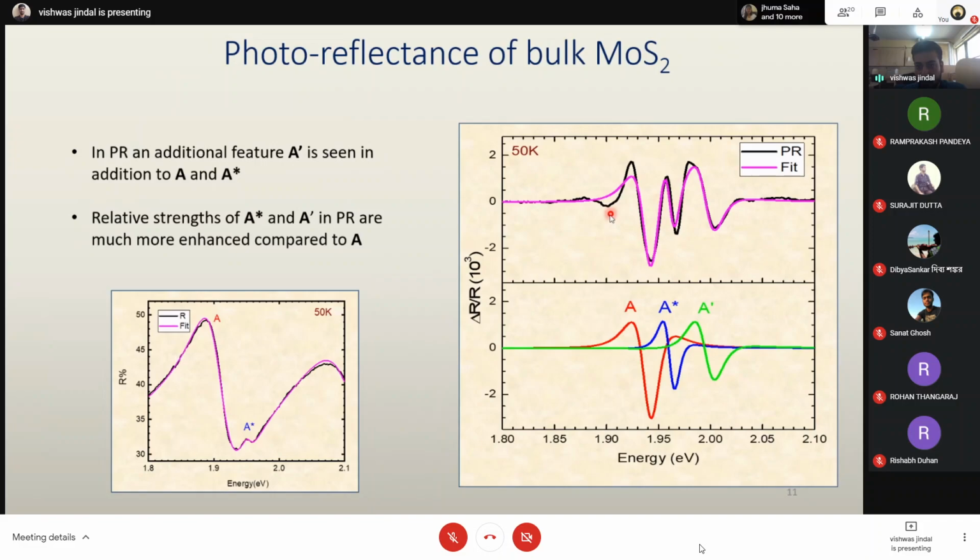So as if this A star and A dash are getting modulated much more intensely than this A feature. So this is one difference between the two signals, and we wanted to know what the origins of this are, so that we can say something about the sample, the MoS2 in general.